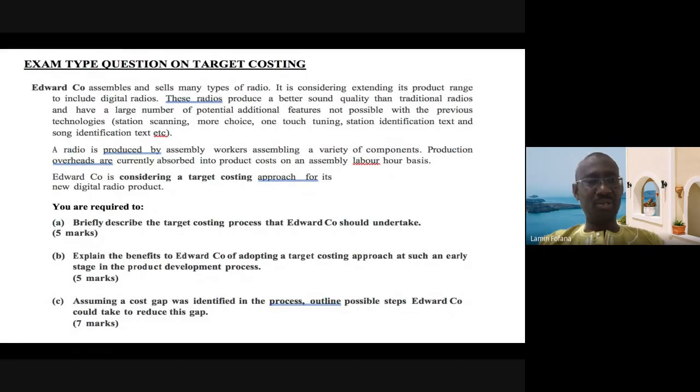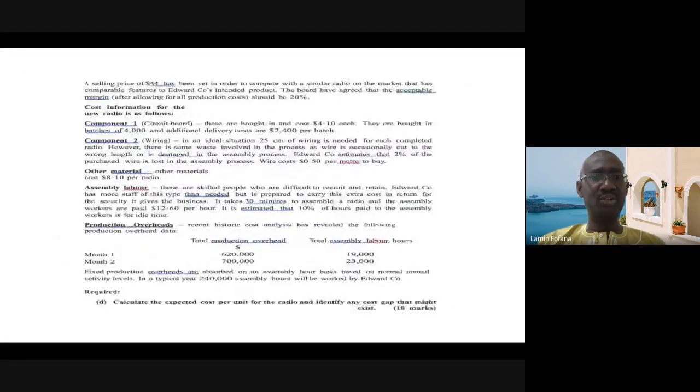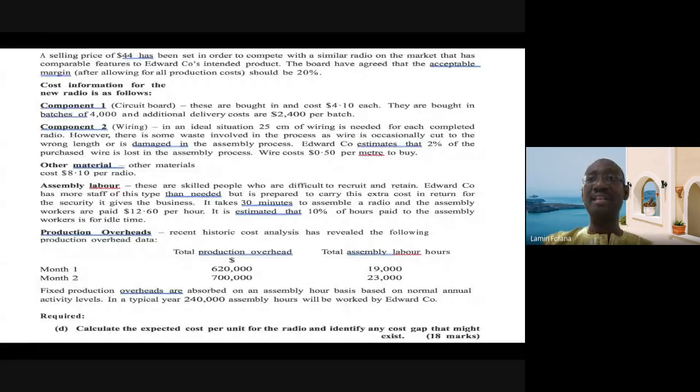Okay, good. So when we apply it to this case, if you read the second part of the question, you will see the material. There is nothing stopping you from reading everything, and all the information related to the second part, you have the right to use it and make reference to it. For example, in order to make this digital radio, you need three types of material: the circuit board, the wiring, and the other materials.